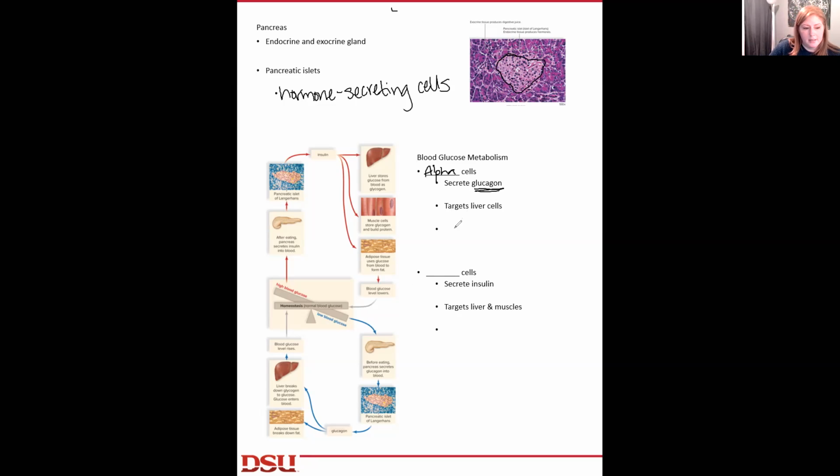And when that happens, the liver is going to break down glycogen, which is sugar storage. So when there's too much sugar in the body, it gets sent to the liver, and the liver converts it from glucose to a longer term storage called glycogen. When blood sugar drops naturally in your body, glucagon is going to tell the liver to start converting that glycogen back into glucose and releasing it into the bloodstream to regulate the blood sugar.